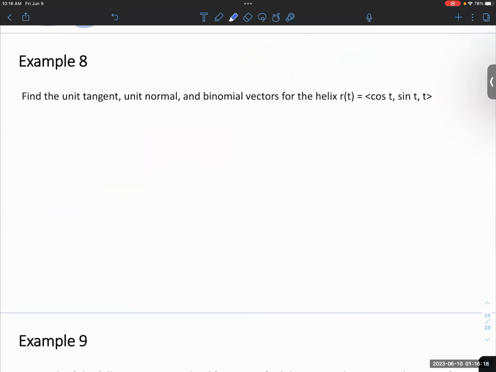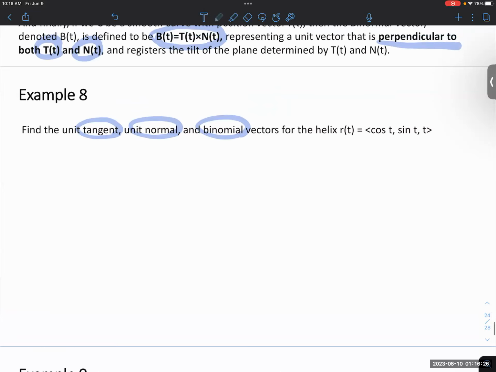So this is exactly what I want to do. Find the tangent, unit normal, and binormal, 3 vectors. So if you remember the unit vector formula, T equals r prime over its magnitude. You always begin from the given r vector so that you can find the unit tangent vector.